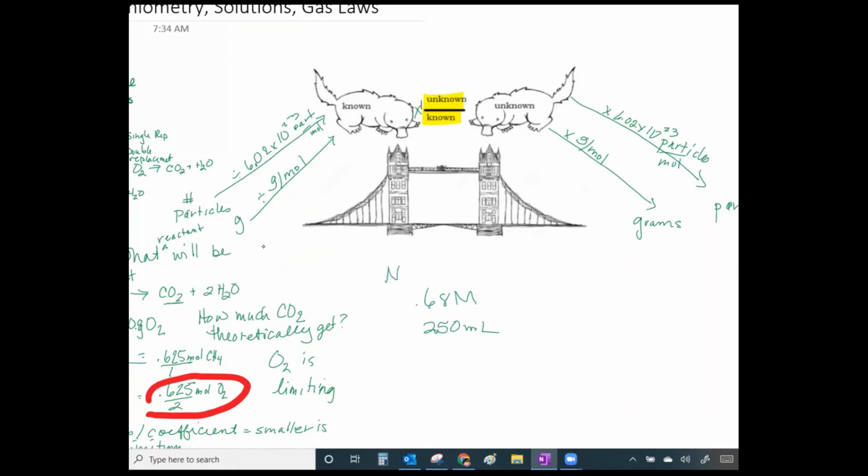So let's say we have sodium chloride, and we're going to add silver nitrate. And let's say we want to know what amount of silver nitrate we need to add in order to react all of the chloride. We don't want to add extra.